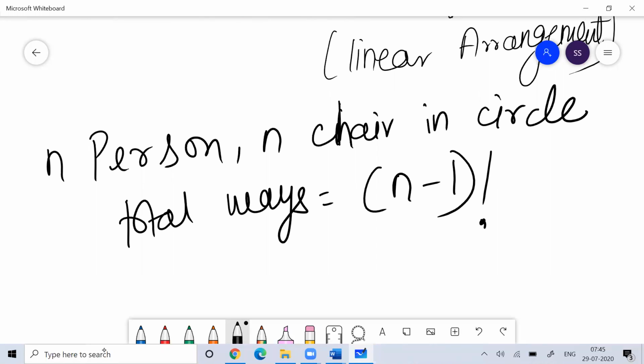Why n minus 1 factorial in a circle? Because in a circle there's no left, there's no right.